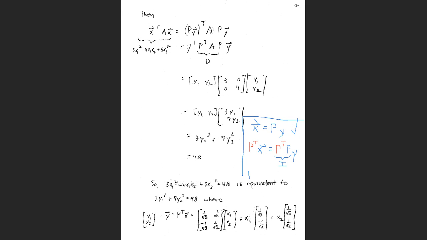Hence, P transpose times my vector x is equal to y.